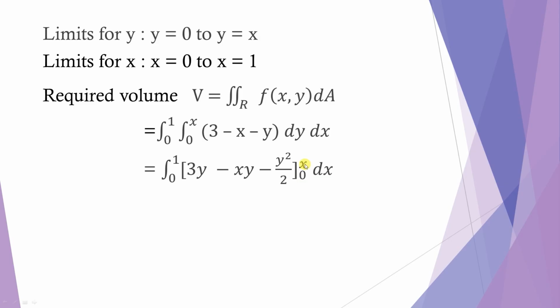Putting in the limits for y and simplifying, we get 3x minus 3x square by 2. Integrate this with respect to x: we get 3x square by 2 minus 3 by 2 into x cube by 3. The 3 cancels, and putting in the limits 0 to 1, it simplifies to 1.